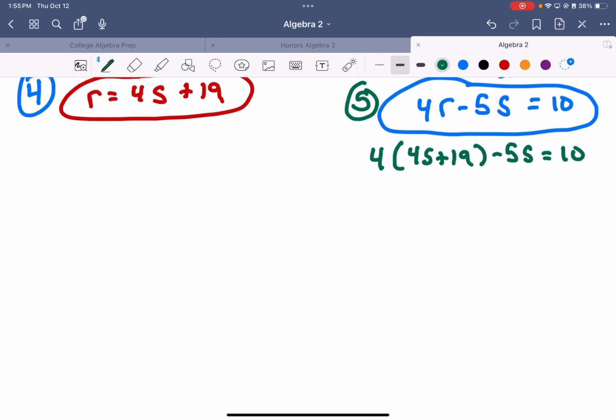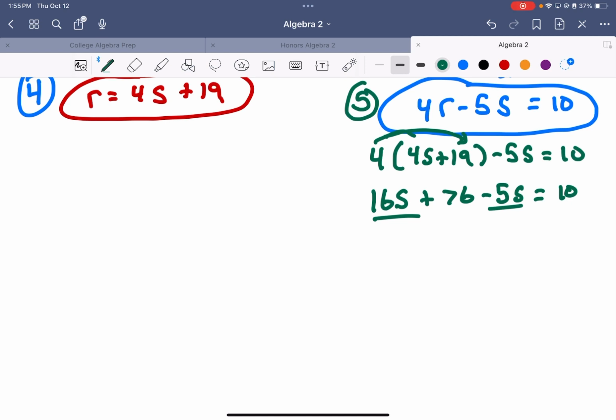Just one. There's just one variable. So we're going to distribute. 4 times 4s is not 4s, it's 16s plus 4 times 19, 76, minus 5s equals 10. Combine like terms.